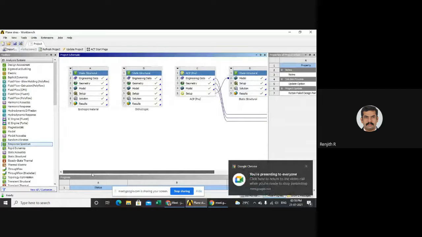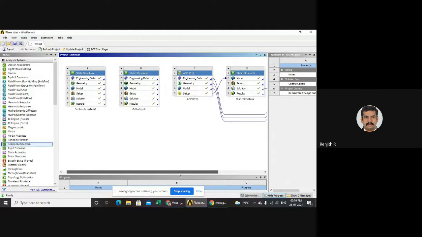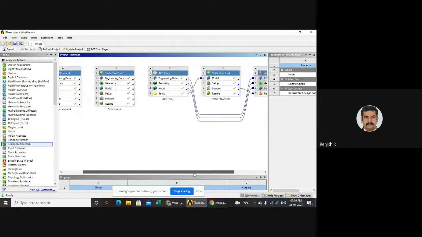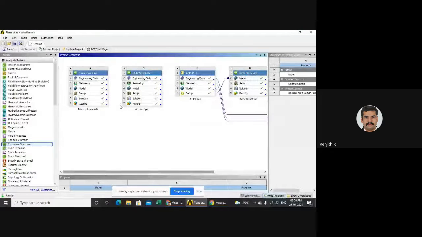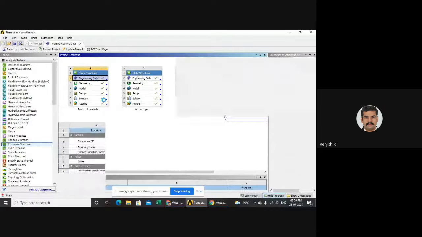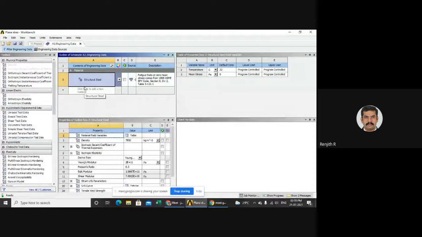Okay, so I completed three types of analysis. The first one with an isotropic material, the second with an orthotropic material, and the third with the orthotropic material using ANSYS ACP, which is similar to how we create a composite material. I'll open the first one. This is the engineering data, and before discussing it, I want to give you an introduction about FEA.